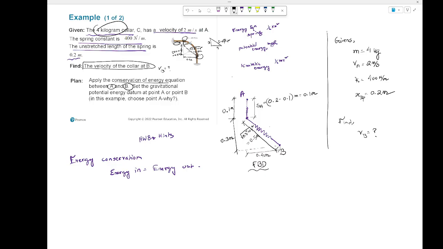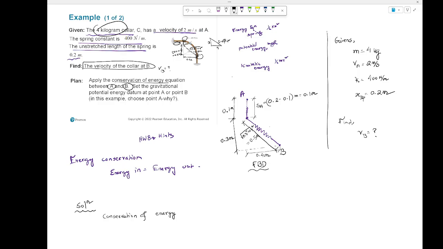All right, so let's start the solution. Conservation of energy. Now the energy that the spring force creates is actually part of the potential energy.